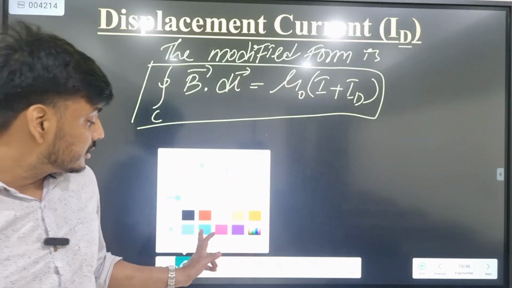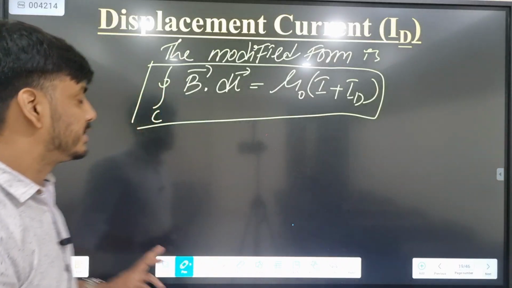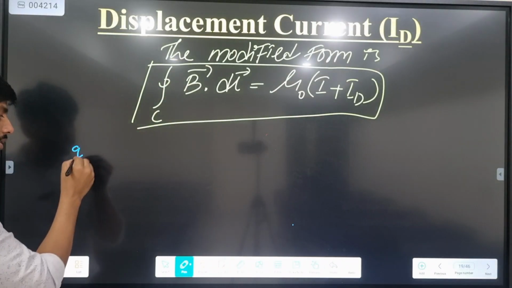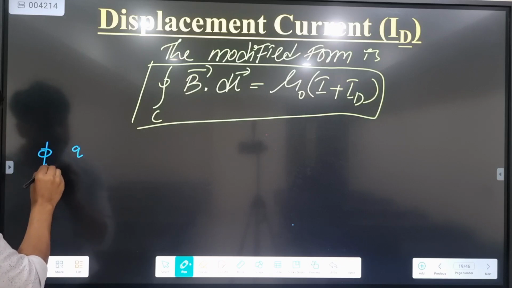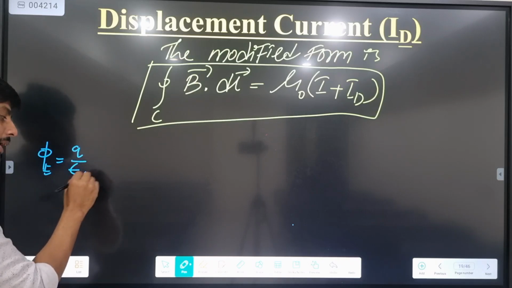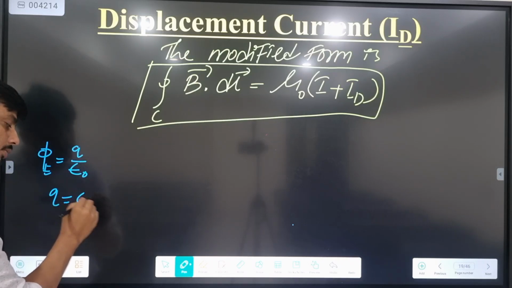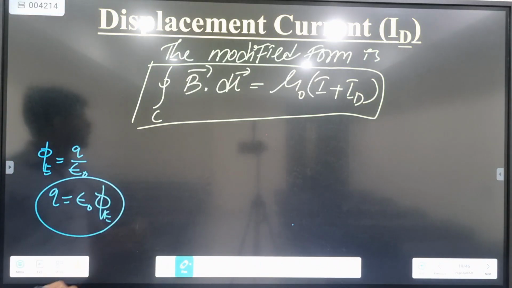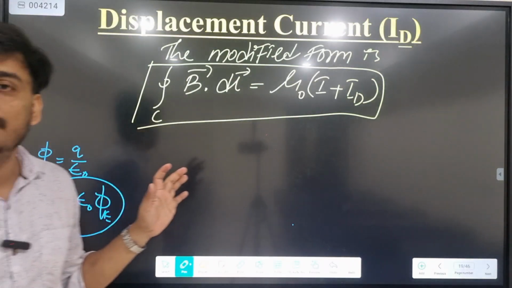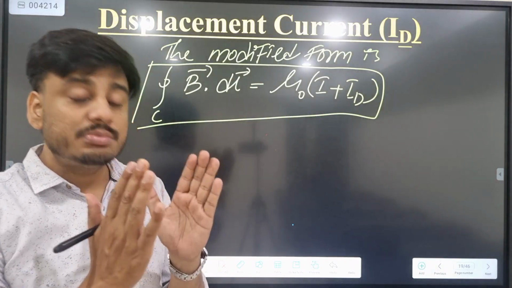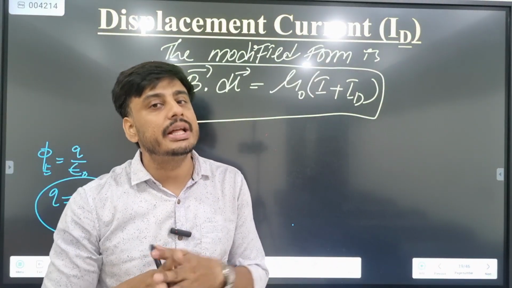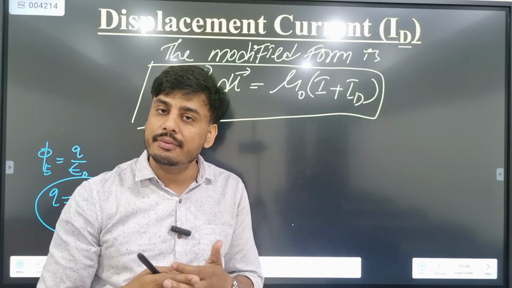Then let's discuss the formula for displacement current. You must have known Gauss's theorem, already discussed. According to Gauss's theorem, flux equals Q by epsilon naught, so Q equals epsilon naught into flux. From here, displacement current arises. Whenever the space between the parallel plates is empty or filled with a dielectric medium, there is a change in flux, a change in electric field.